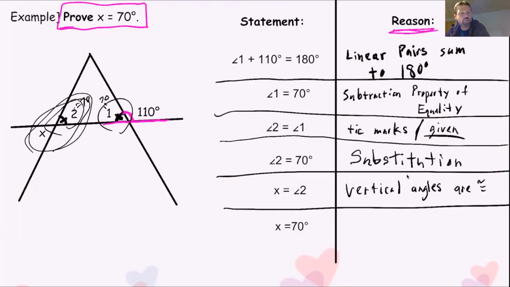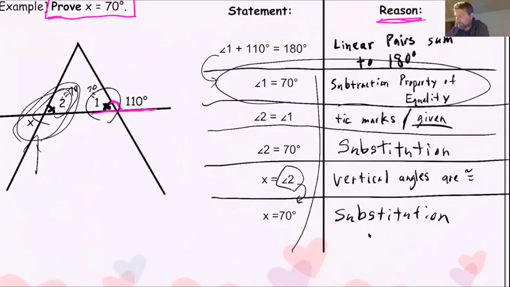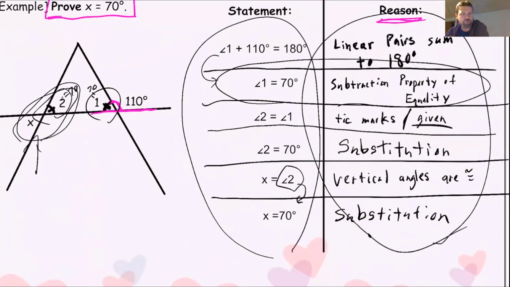That's how I knew angle 2 and x were equal. And then very last one, I said, well, that means x is 70. How did we know that? Again, because I knew angle 2 was 70. I said it right here, right? So that would be that fancy substitution again. It's basically write the statement on one side, write the reasons for your statement on the other side.